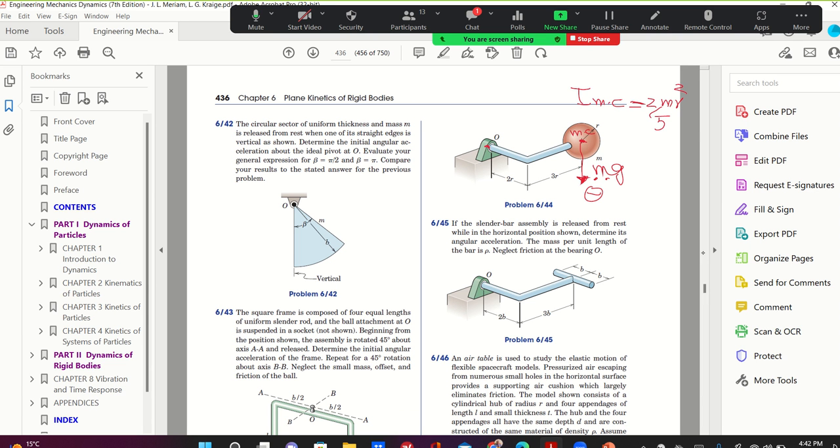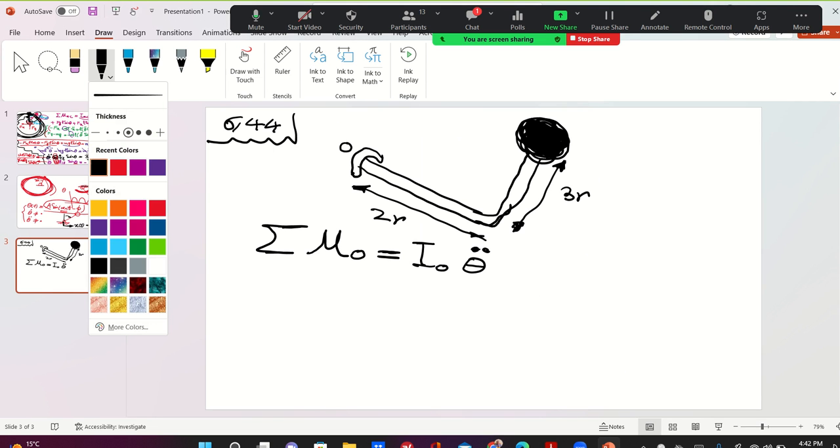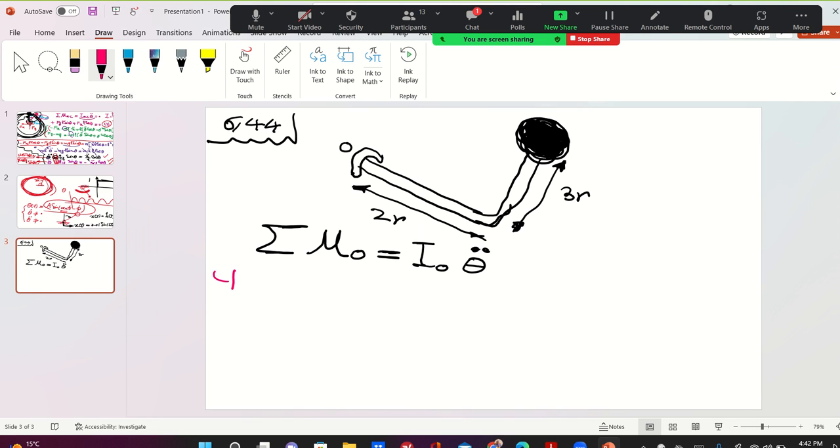What do I have to do to calculate around this axis, O prime? I taught you previously: the parallel axis theorem.